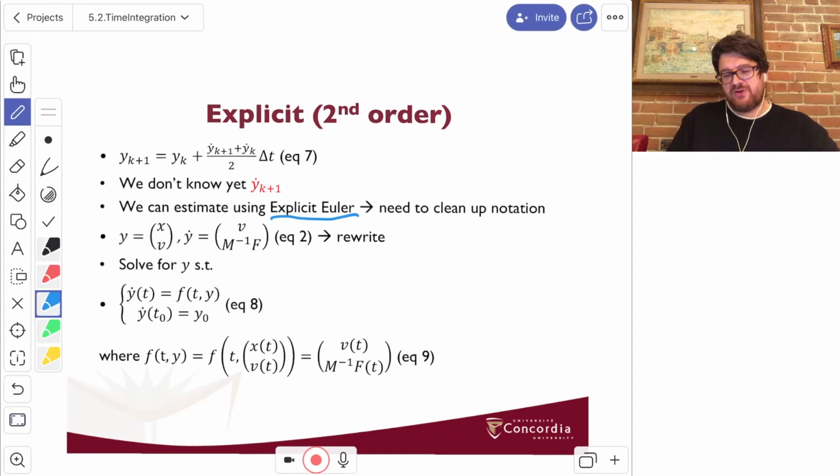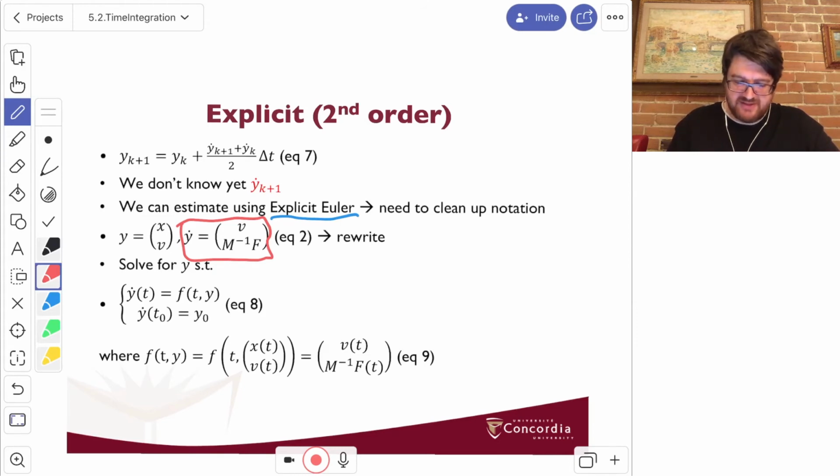But before I show you how this is done, we need to change the notation a little bit to make it simpler so that we can follow. Here is our original equation, and then the actual differential equation is here. We're going to simplify that.